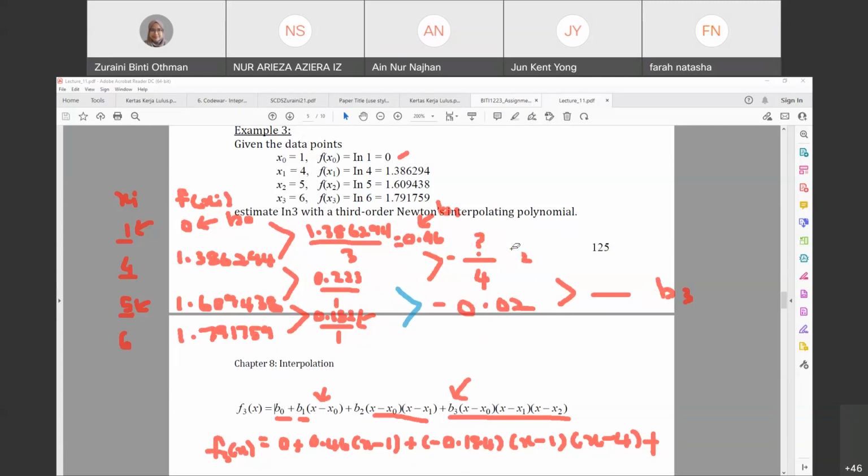So kita boleh gantilah. Kalau siapa yang confused, nanti buat balik, tengok balik recorded. Tomorrow we do it together. Okay, now can we find B3? B3 ialah negatif 0.02 tolak negatif 0.184.